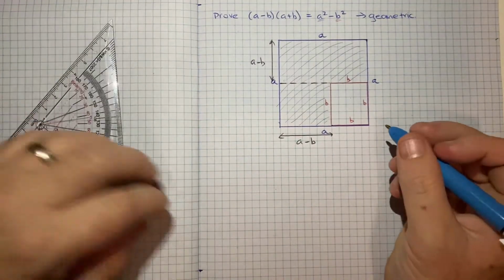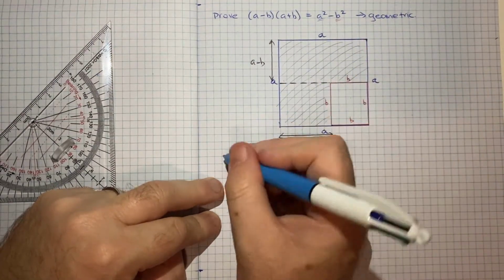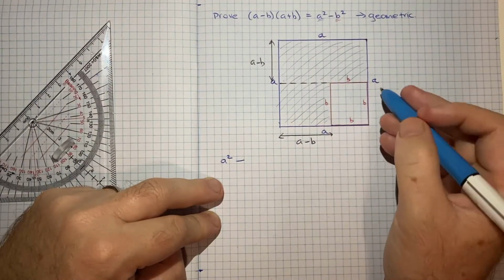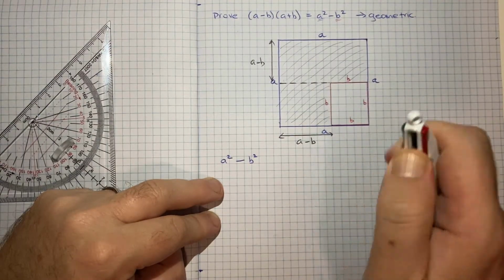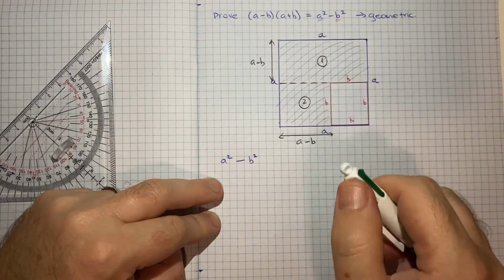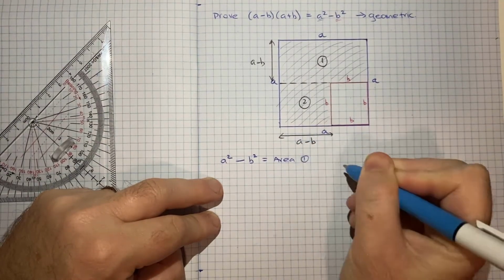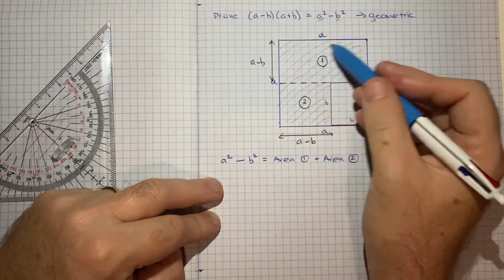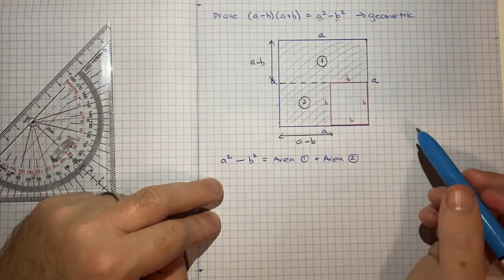So essentially what we can say is that the area of the big square, which we know is a squared, minus the area of the smaller square, which we know is b squared, is going to be, if I call these two rectangles rectangle 1 and rectangle 2, the area of rectangle 1 plus the area of rectangle 2, because visually we see that this total area shaded here in black is the difference of the two squares.